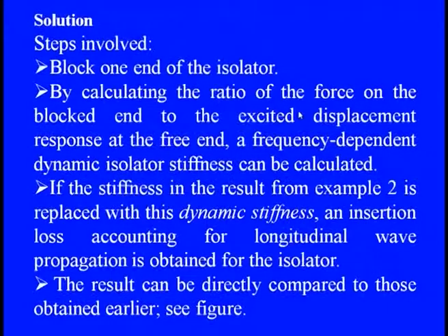First of all, we need to go through various steps in which we first block one end of the isolator, that is, whatever the first end of the isolator is, we need to block it properly. By calculating the ratio of the force on the blocked end to the excited displacement response at the free end, the frequency dependent dynamic isolator stiffness is obtained, and it shows how the frequency dependent parameters vary.